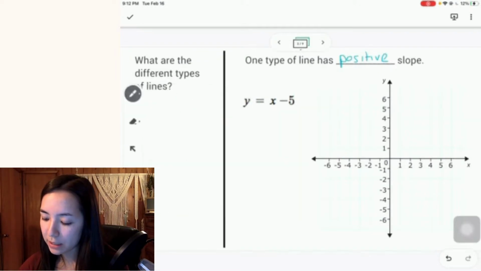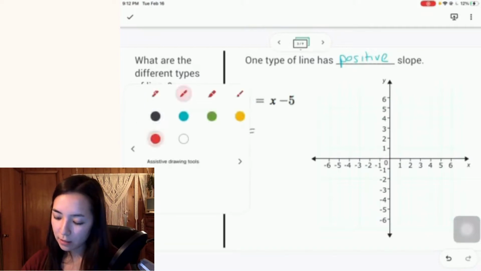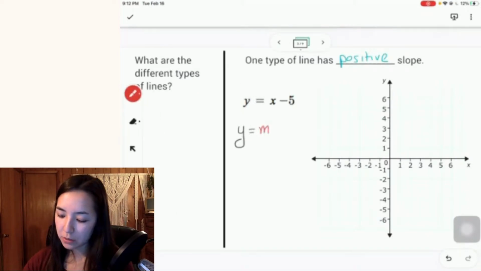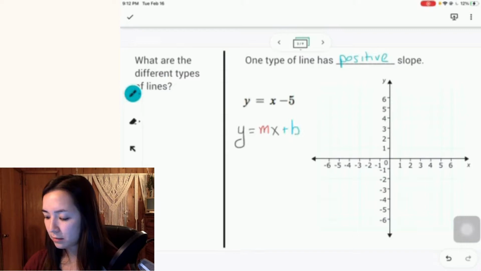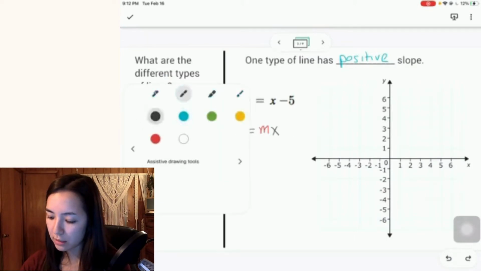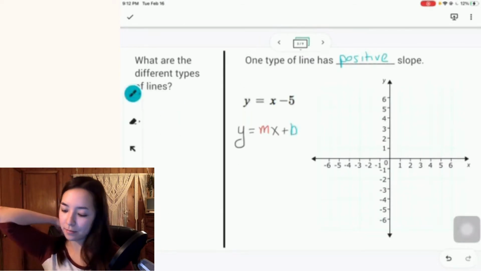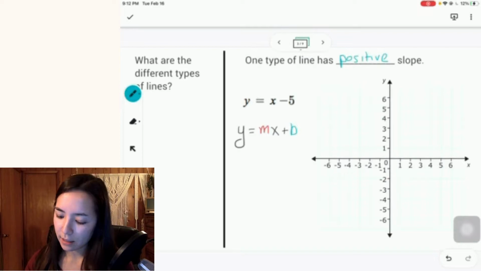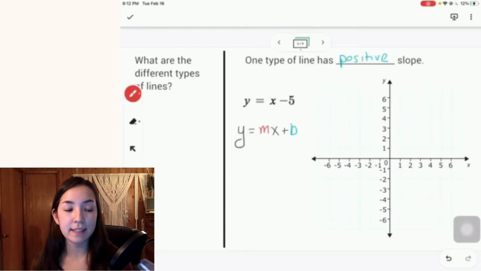Remember, our equations are written in this form. y equals mx plus b. Let me fix that. I'm going to change that to plus b. So the m is the number that's with our x. That tells us what our slope is.